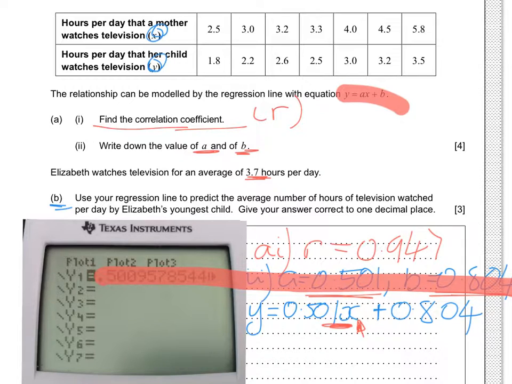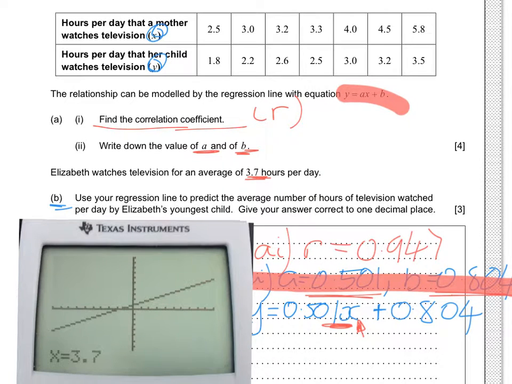And then you can use the graph function and just type in that I want to evaluate that when X is 3.7. So you can go into the graph menu, you choose calc, and select value, type in the number 3.7, and it will give you the Y value that corresponds to that, which is 2.66.